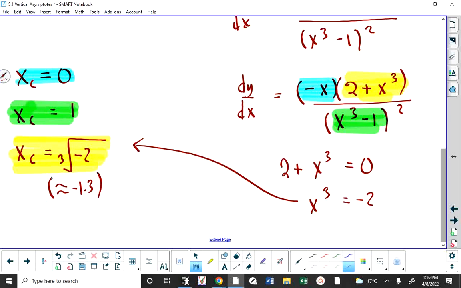So we need to set up a first derivative chart that goes from negative infinity to the cube root of negative 2, from the cube root of negative 2 to 0, from 0 to 1, and from 1 to infinity.